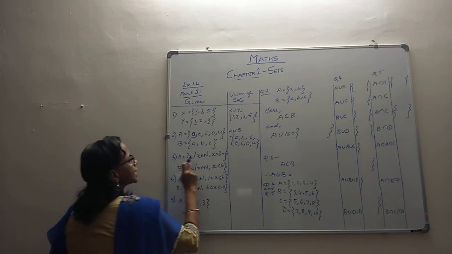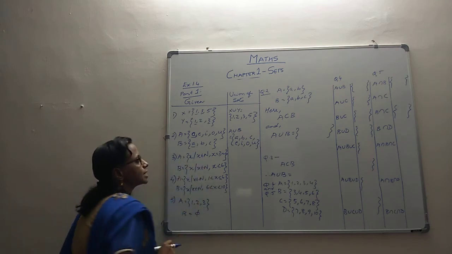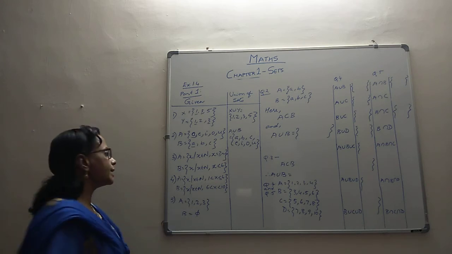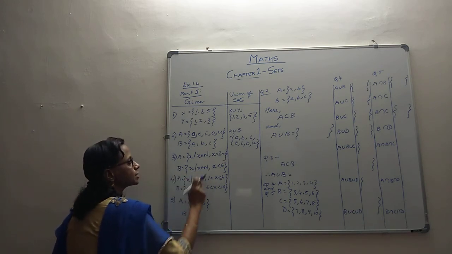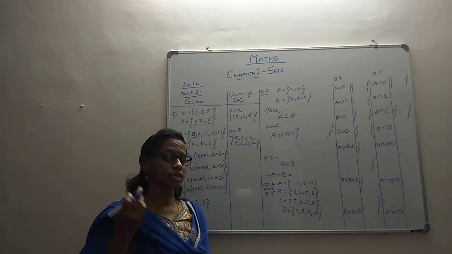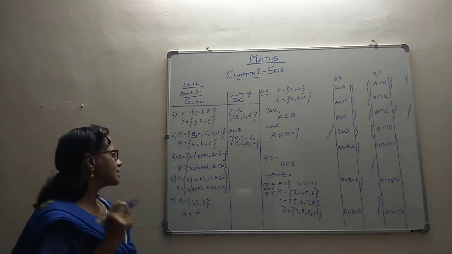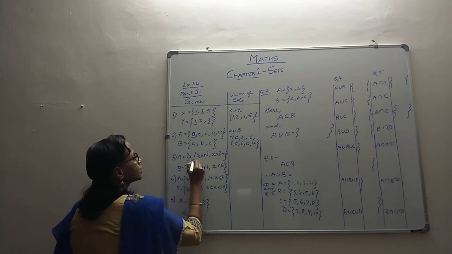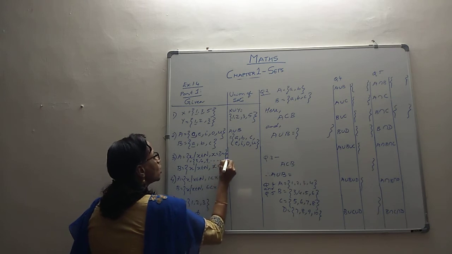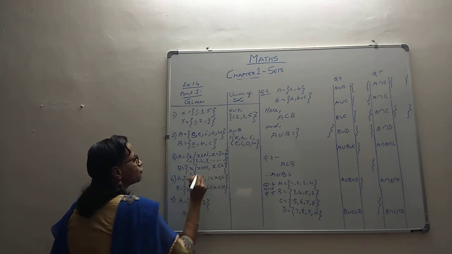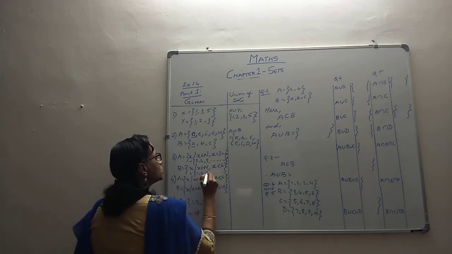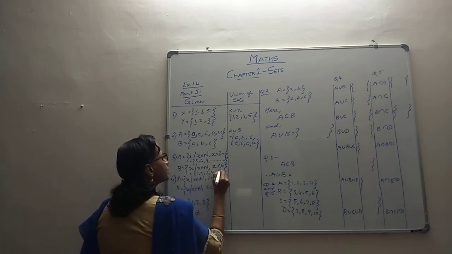Then we have the set A, the set of all natural numbers of the form 3m, and the set B, the set of all natural numbers less than 6. Let's see how the sets would look. A would be 3, 6, 9 and so on, and B would be 1, 2, 3, 4 and 5.